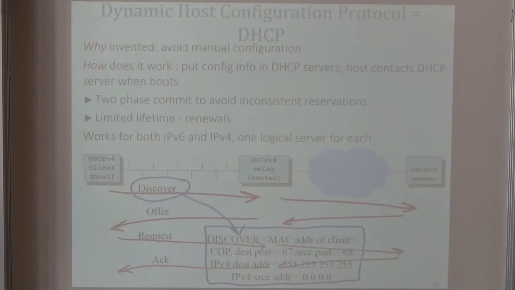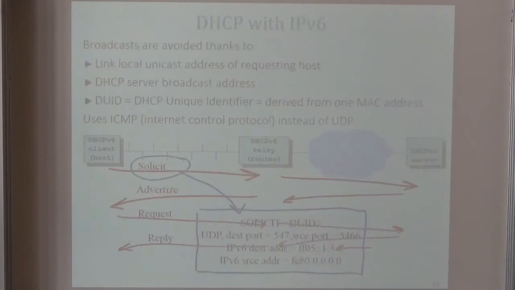So this is the method by which, with a single DHCP server for a whole enterprise, you are able to reach all the clients that still don't have IP addresses, but you need for that to put a DHCP relay function in all routers. With DHCP, with IPv6, it's the same, but as usual, it's much more complicated. I will skip some of the details.